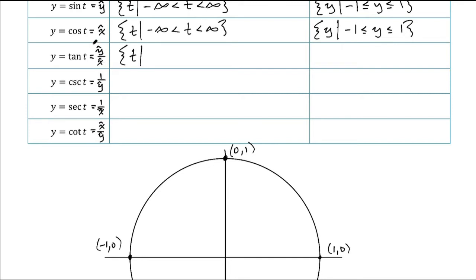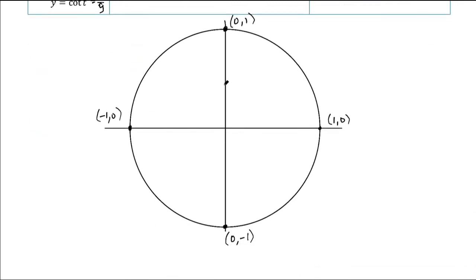We know we can't divide by 0. And that occurs right here and right here. Now those angles are pi over 2 and 3 pi over 2.